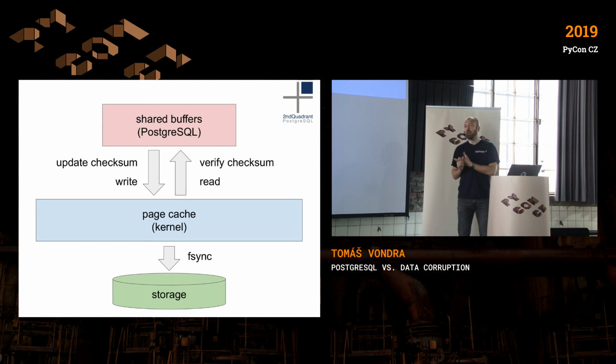We do recommend that for deployments where data corruption is more important than immediate availability for the users, right? Because when you don't have the checksums, the users are still able to access the data even if the page is corrupted.